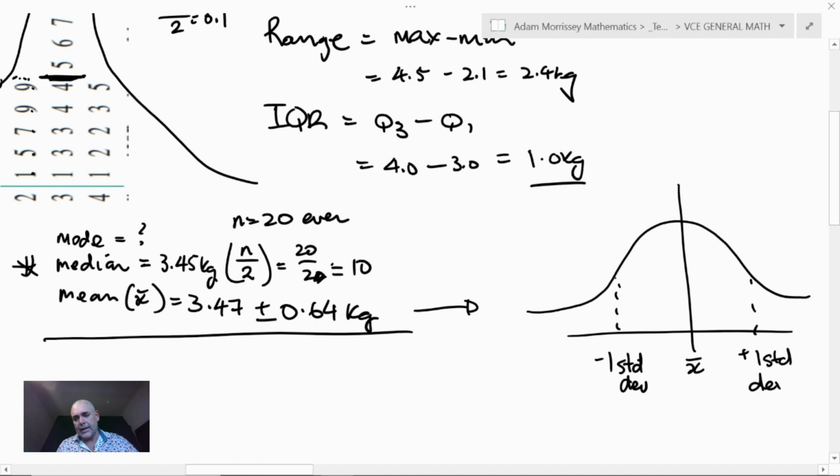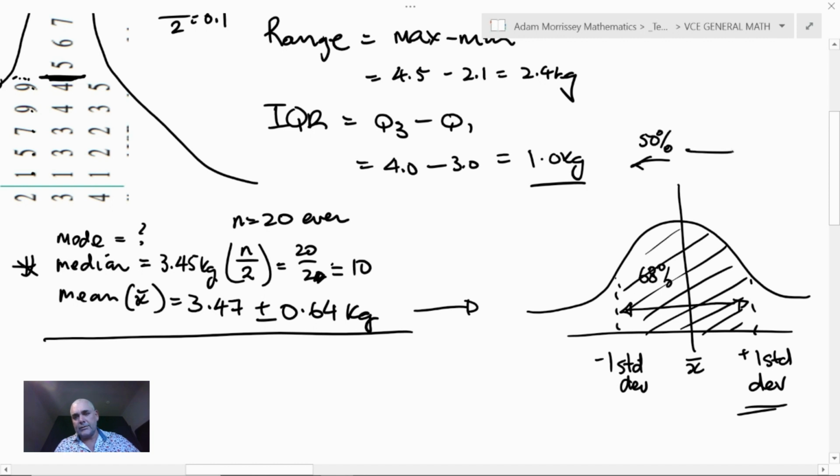So reporting that measure actually helps us get some idea of where, let's just be rough here, 68% of the data are in this area here. Okay, the mean is the middle, so there's 50% of the data below that point, and there's 50% of it above that point.